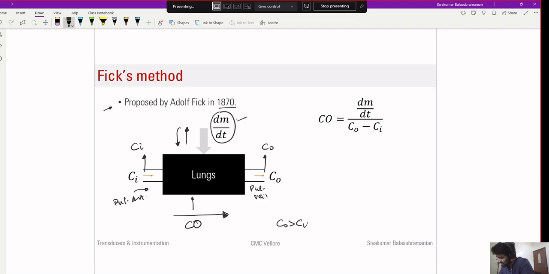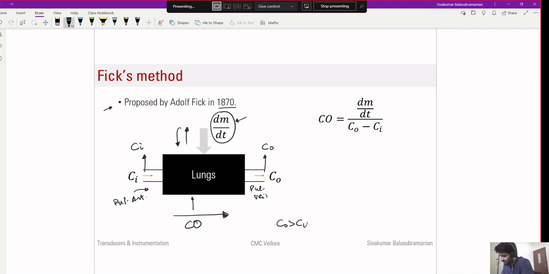Right. So that is this dm by dt, the mass flow rate, the grams of oxygen that are absorbed in the lungs per unit time.